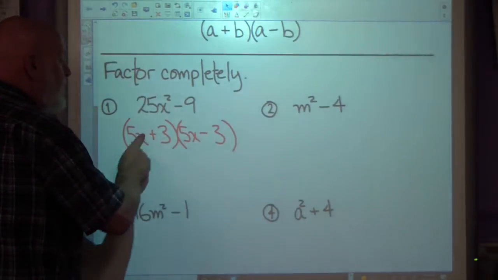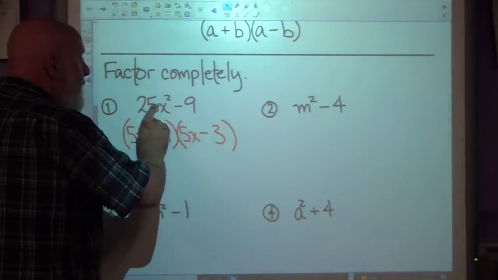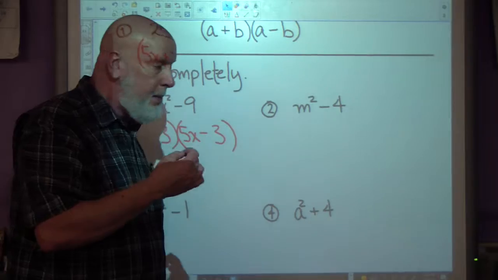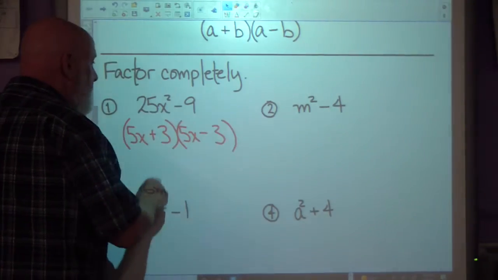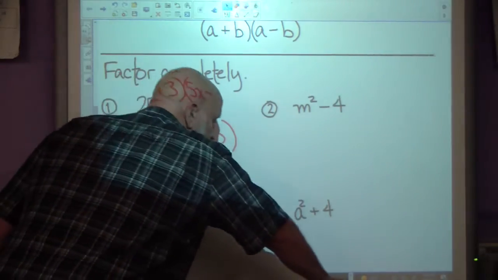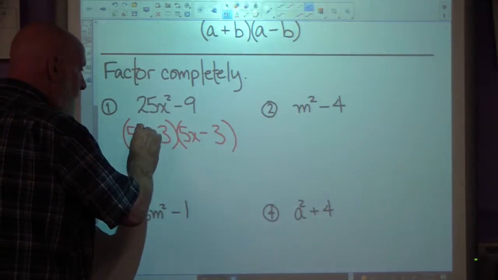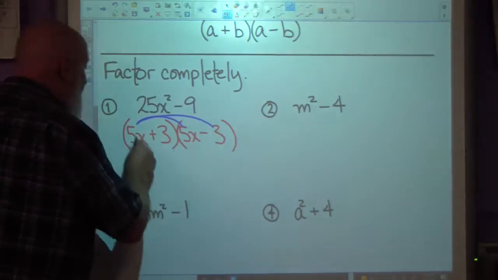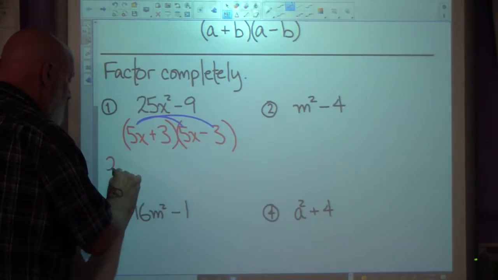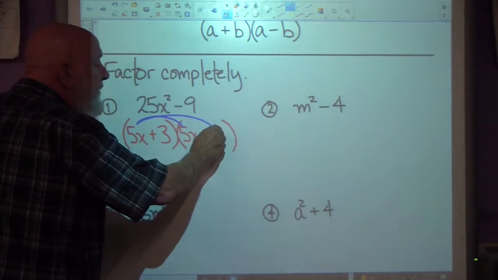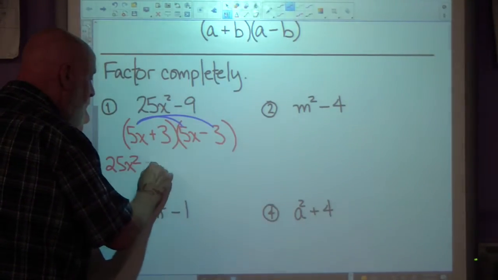I'm going to demonstrate that this is actually 25x squared by foiling it. This is the only time I'll do that. I'm just going to demonstrate that it does give us 25x squared minus 9 if I multiply these two together. Here we go. I'm going to FOIL these. 5x times 5x is 25x squared. 5x times negative 3 is negative 15x.